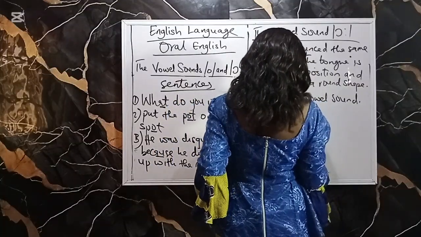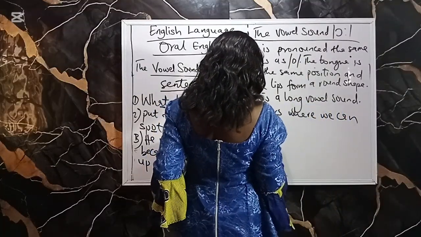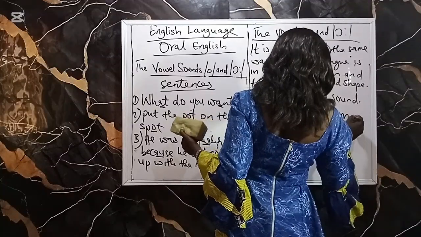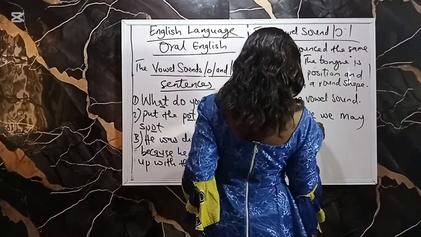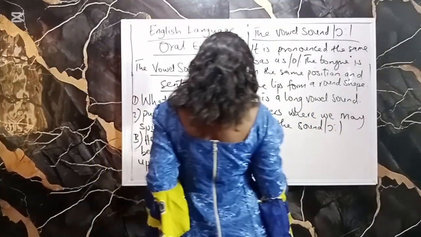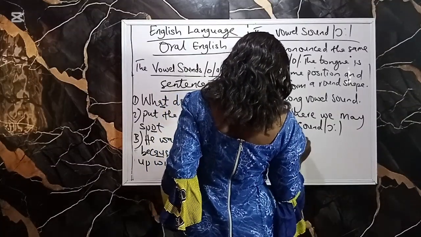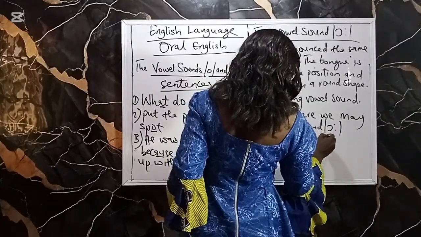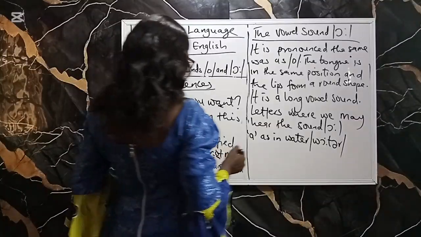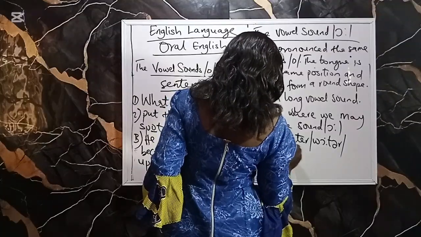Let's start with letter A. Letter A as in water. Water. Then letter AR as in one.